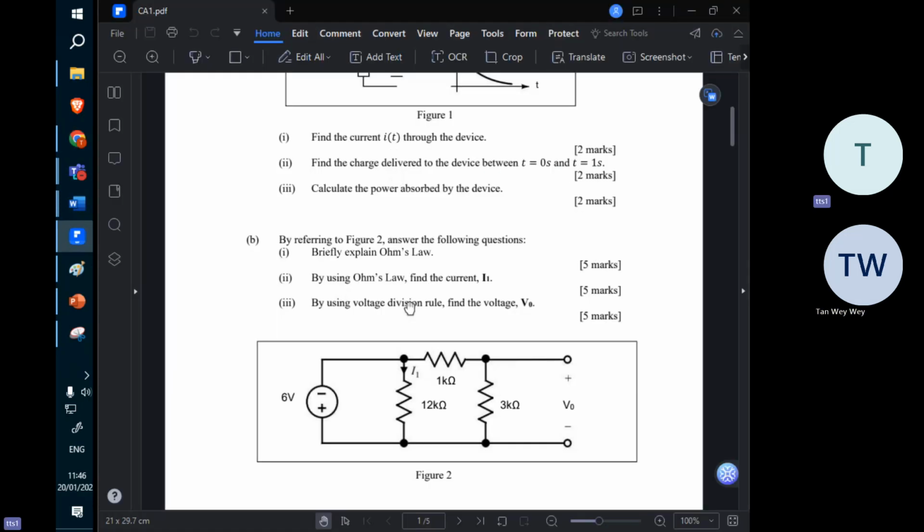Can you immediately tell the value of I1 straight away?